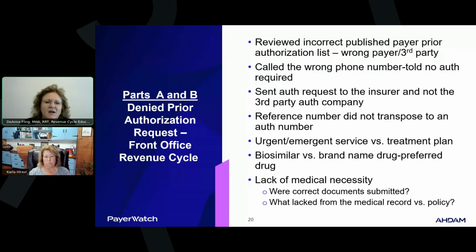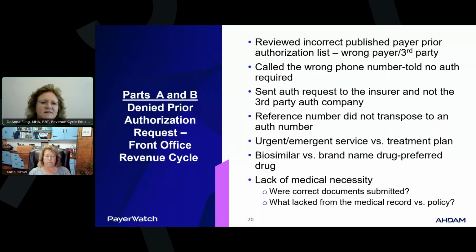So by far, I know this is a very short list of the reasons why a prior auth gets denied. I know all of you could add to this list based on what you've seen working with different insurers.